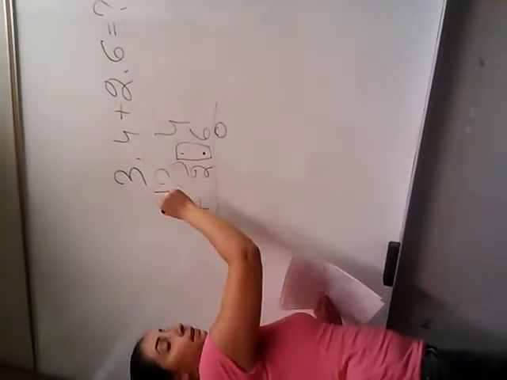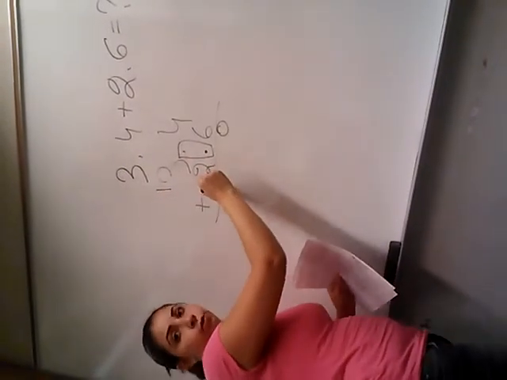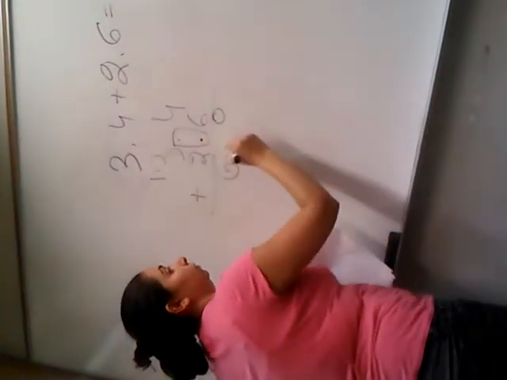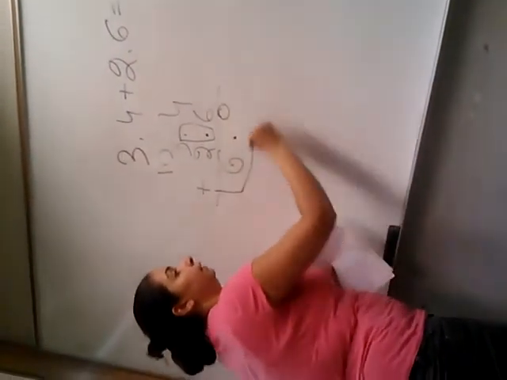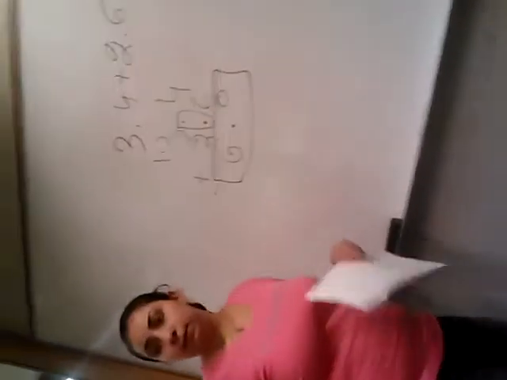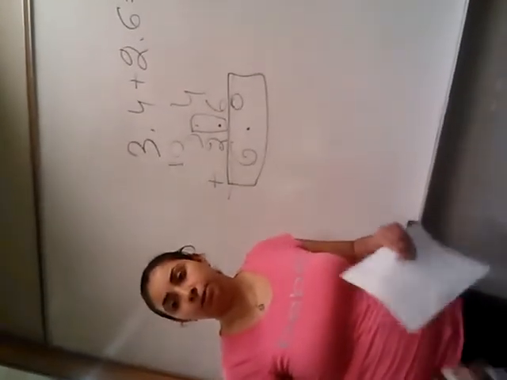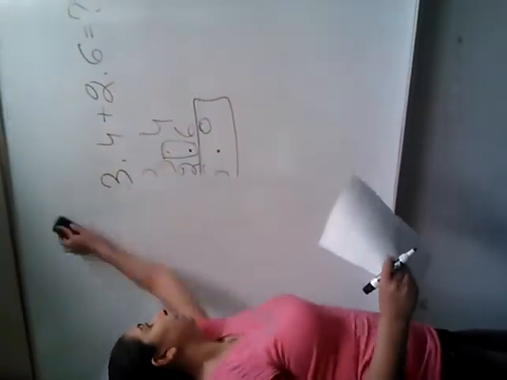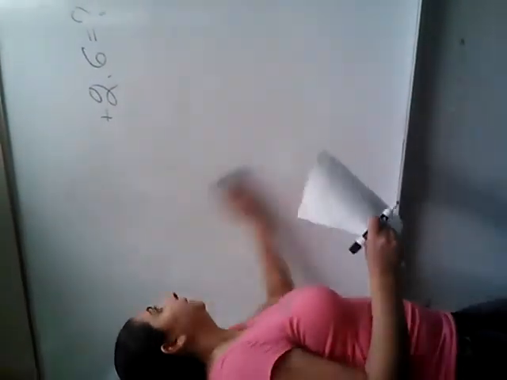So 3 plus 1 plus 2 is 6. And also the dot, so we're going to have 6.0. Any questions? Okay.